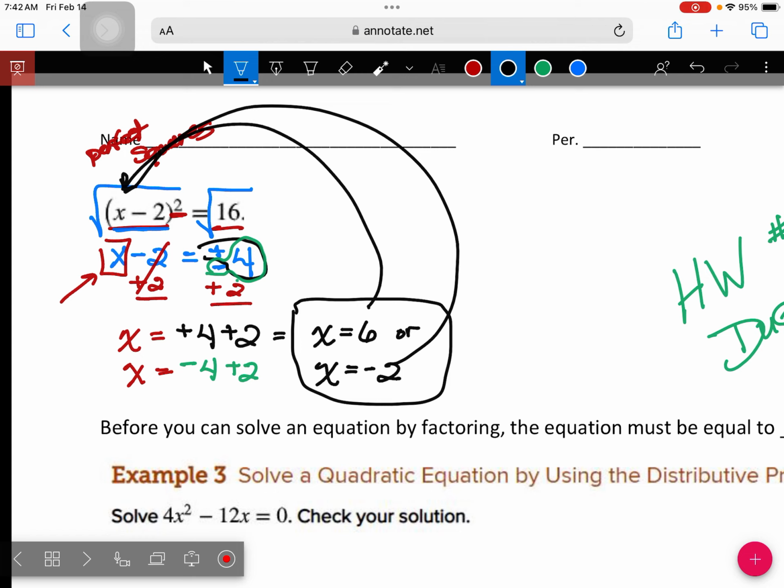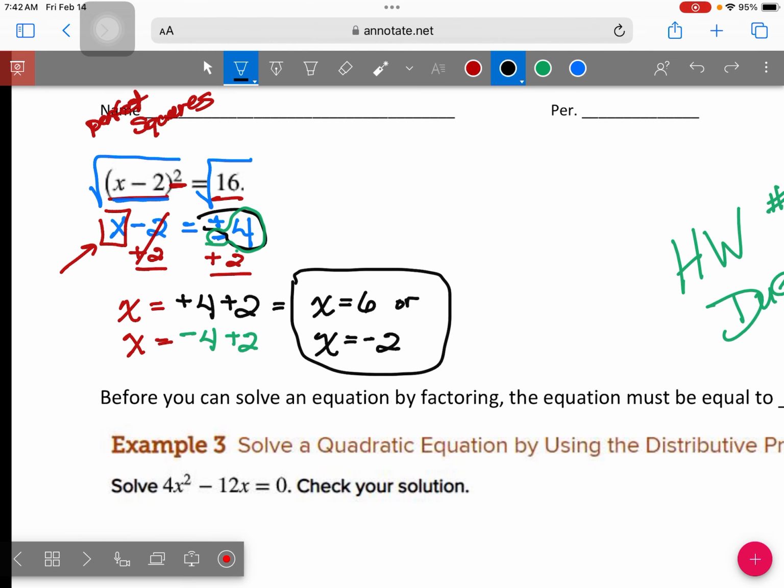Negative 4 times negative 4 is 16. So they both work. So if you have a perfect square on both sides of the equation, take the square root of both, and that gives you your answer. Okay? I strongly recommend, if you did not on Wednesday, watch the video, copy down the notes. But we've got to move on.